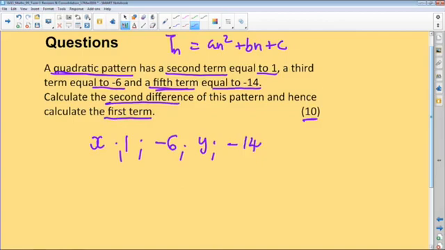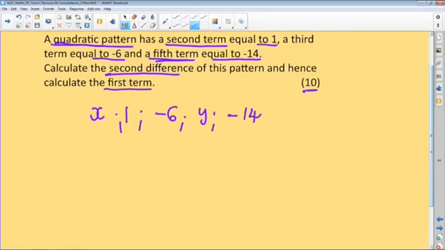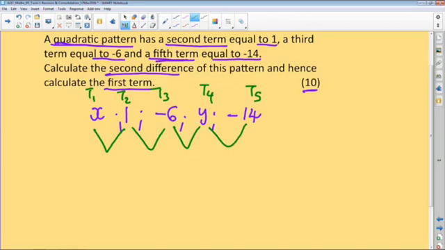All right, so how do we get to the second difference? Our first difference here: remember, to get the first difference, we say term number 2 minus term number 1. This is term 1, term 2, term 3, 4, and then term 5 as it is given. So you have term 2 minus term 1 is 1 minus x.